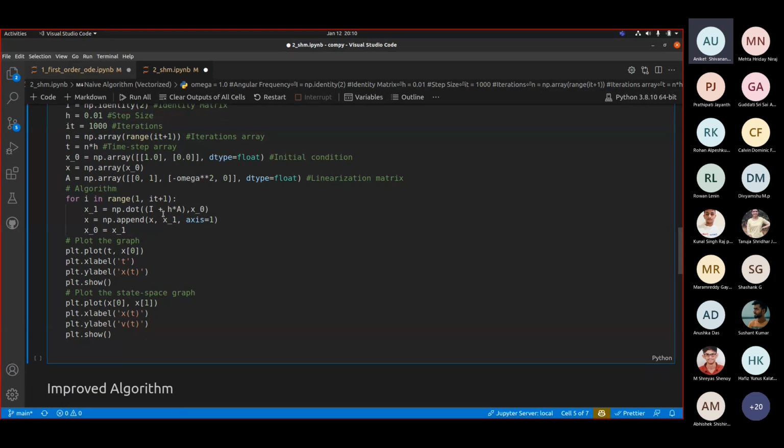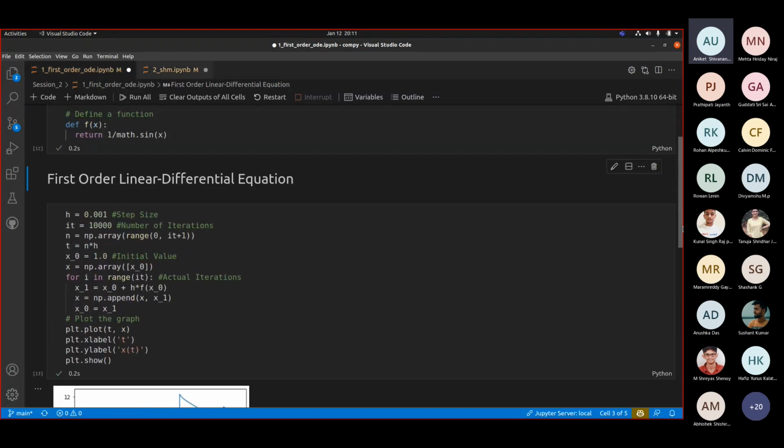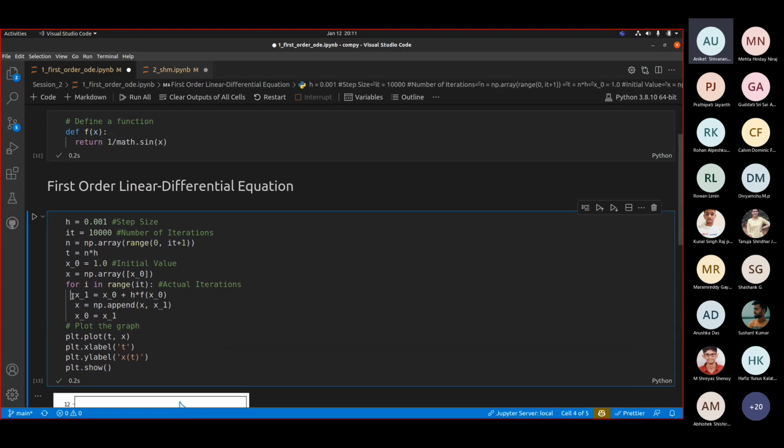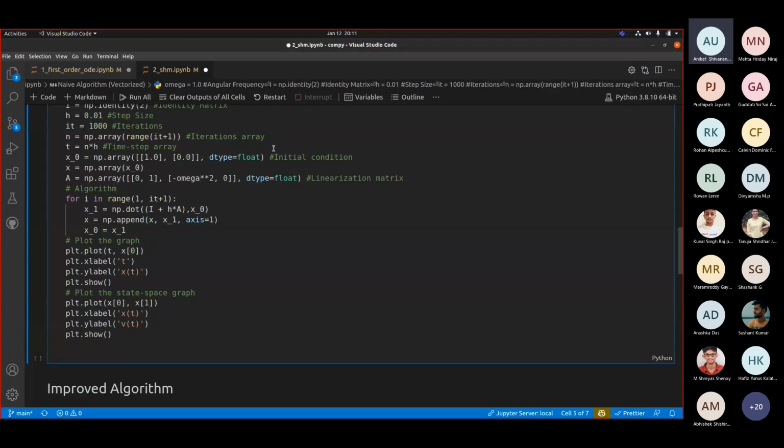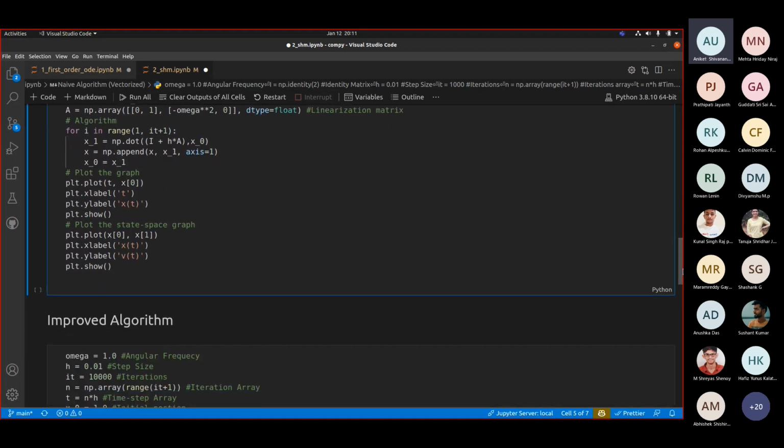Now we can do the exact same thing that we did for our linear ODE, except this time this x1 is not just a number, it is a vector of dimension 2. But that does not matter to the computer. The NumPy library is made in such a way that it will still process it in O(1) time.